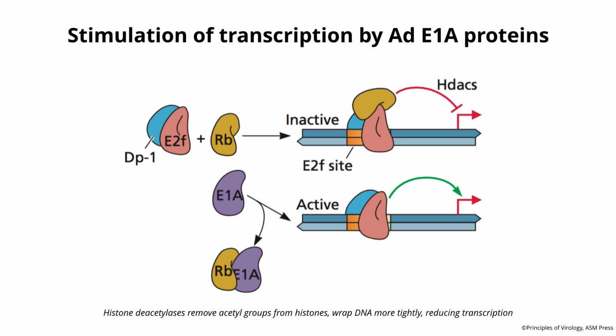All right, and so this is a crucial modulator. It's an example of how you can modulate transcription. So normally, if E2F is not available, E1A can come in and make E2F available. That step, by the way, that liberation of E2F, will come back to haunt us later on, as I said, when we talk about how tumors are induced by viruses.